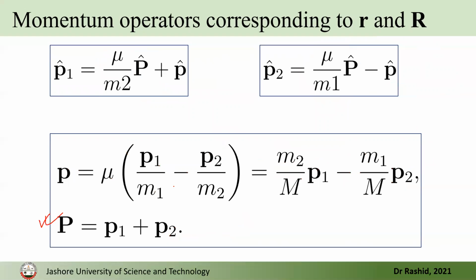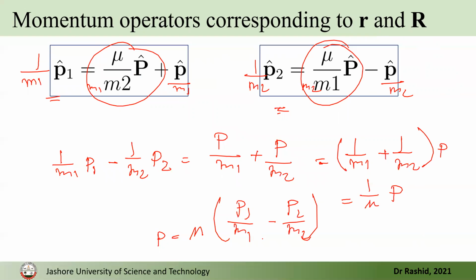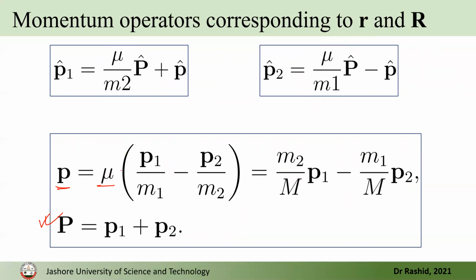So small p equals mu into P1 by M1 minus P2 by M2. The same as here. Now, if we multiply this and do some algebra, we may write it in terms of the total mass also. So here small p is the relative momentum and capital P is the total momentum.